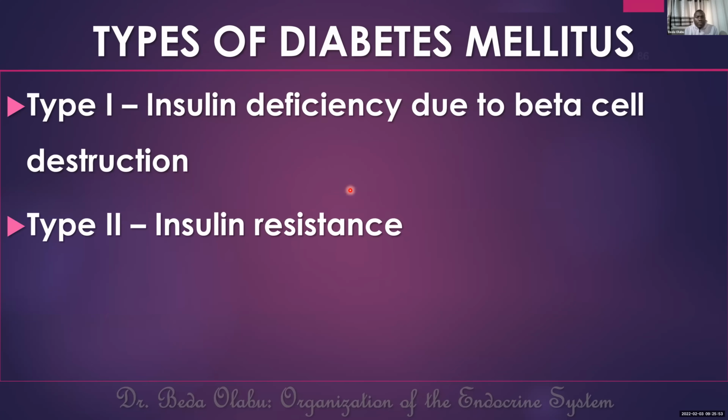Type 2 DM is due to insulin resistance. And there are different variants of type 2 DM, but the overall thing is insulin resistance. The insulin is there, except that the signaling of insulin is the problem. So these ones were previously called non-insulin dependent diabetes mellitus. We no longer use those terminologies, largely because we know that all diabetics at some point may actually require insulin.